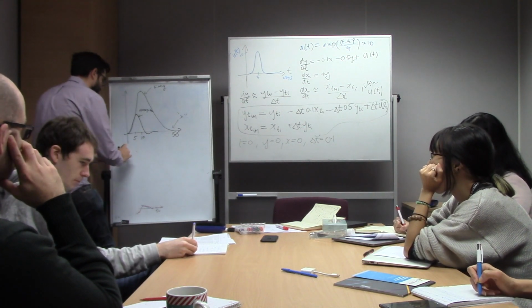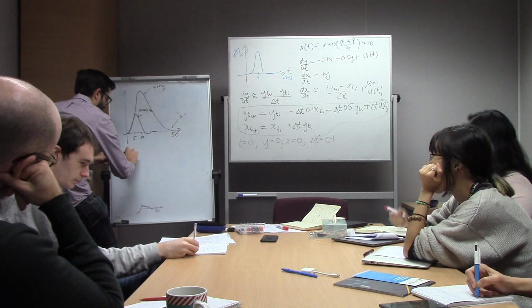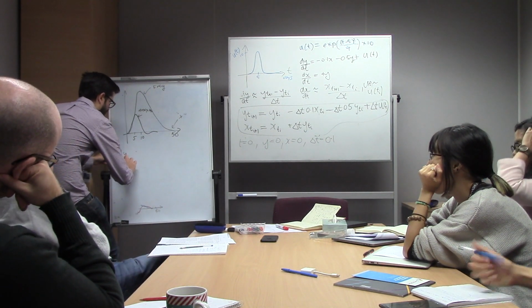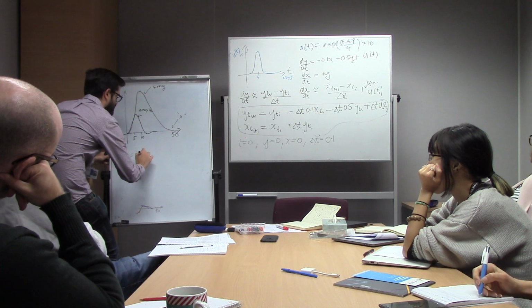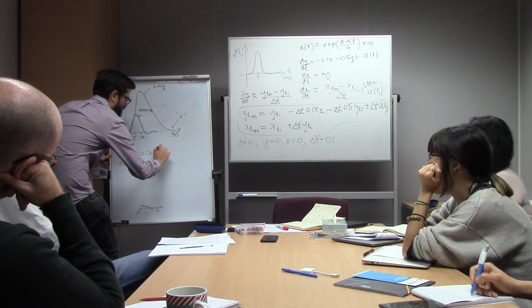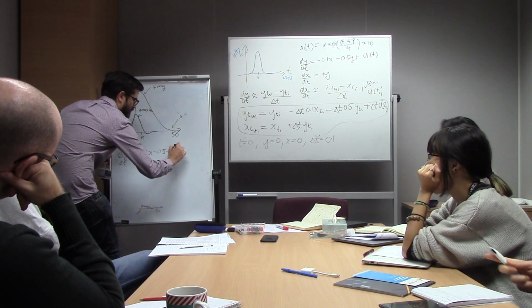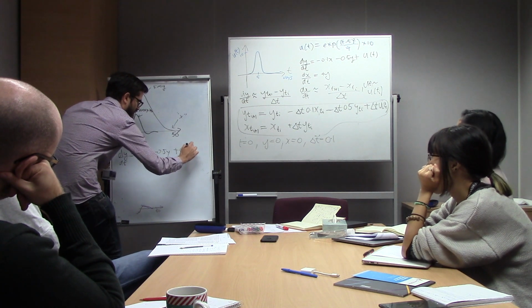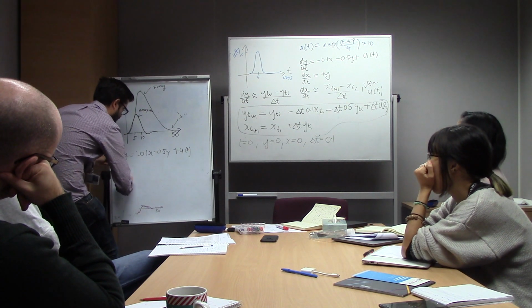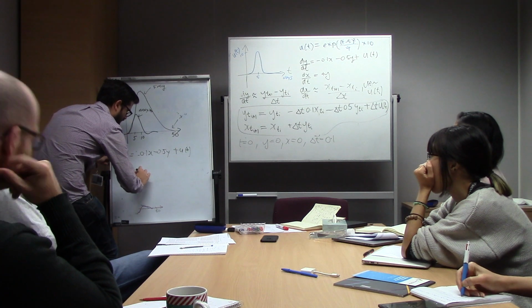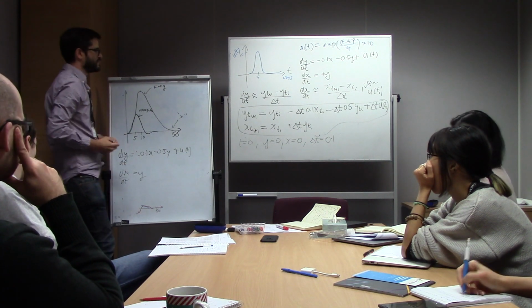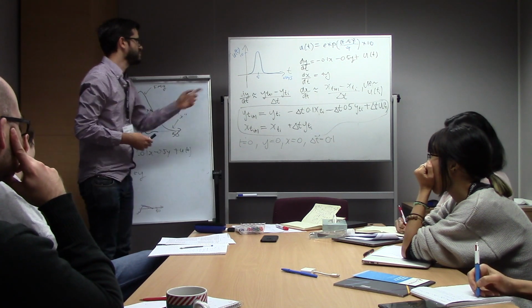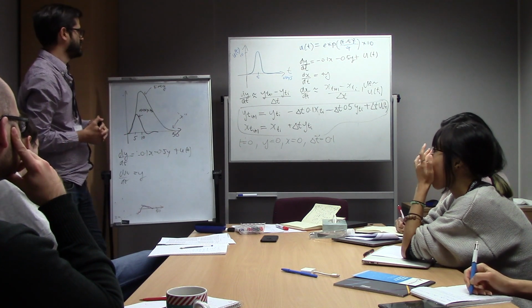For clarity, let me also write this equation here: dy/dt is equal to minus 0.1 x, minus 0.5 y, plus u of t, and dx/dt equals y. You need this because you'll do an extra additional simulation on top of this.